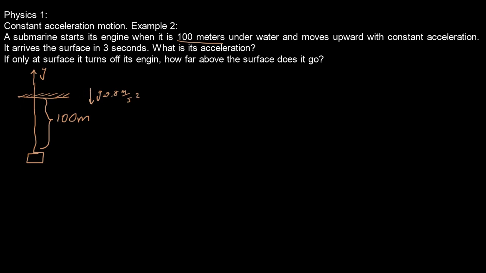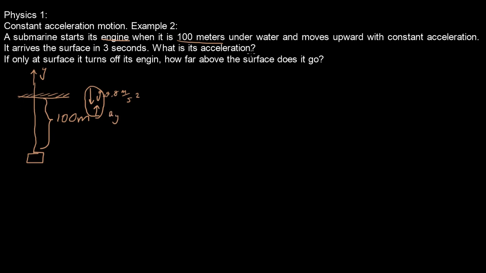But here the submarine has its own engine, so it's not a free fall, or a free motion. It has some force being applied upward. So the combination of these two is making an acceleration called ay, and it's unknown.